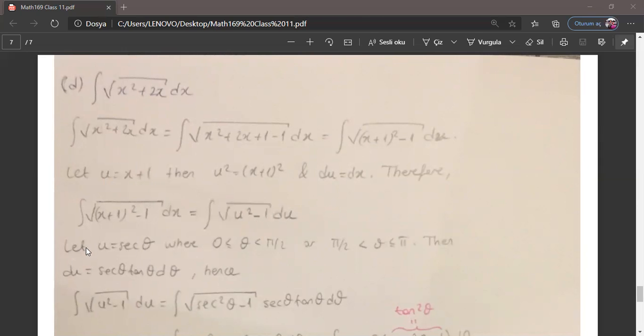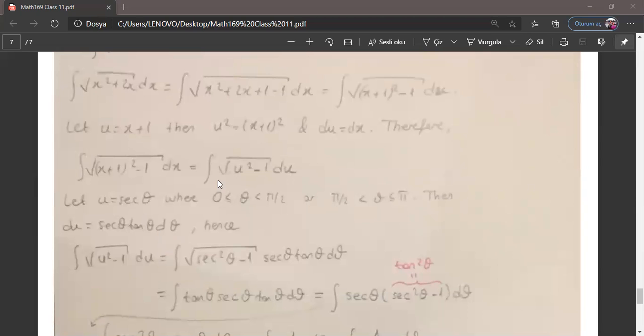So what do we do? We write u equals secant theta, right? The multiple of u and here 1, they are both 1. So we have 1 times secant theta, which is secant theta. Then we differentiate first, of course, as usual.